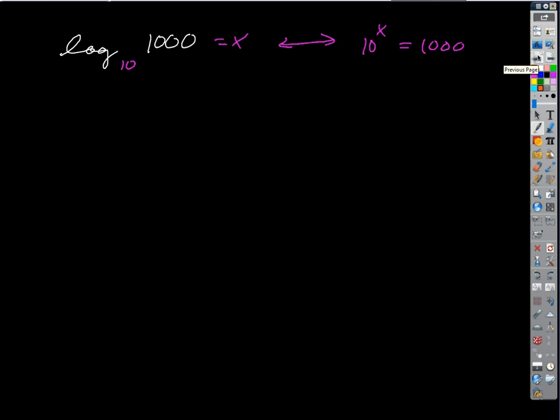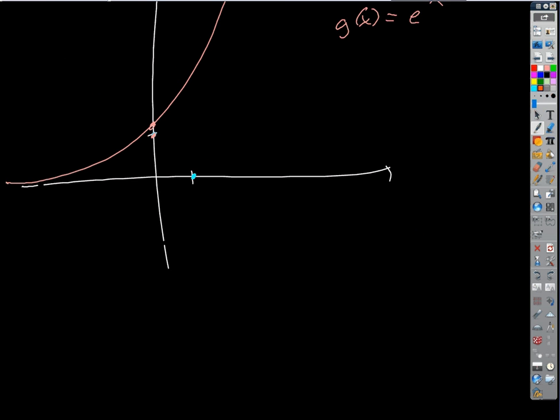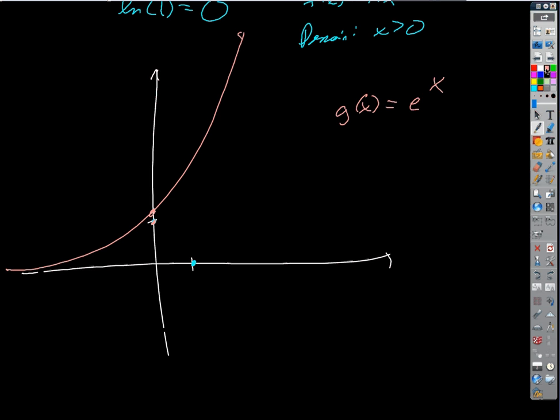Okay, this takes us back to our graph though. This all kind of comes together. This is really cool. If these are inverse functions, then what did you guys tell me is true of the symmetry of their graphs? Because here we've got the two functions. We've got the function g of x equals e to the x, and then down here, we'll call this f of x equals natural log, the base e log.